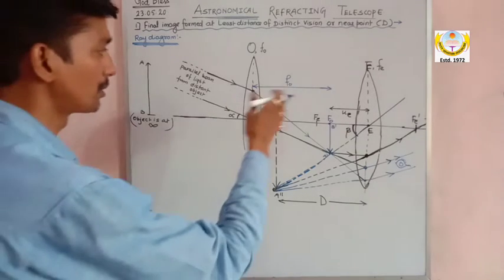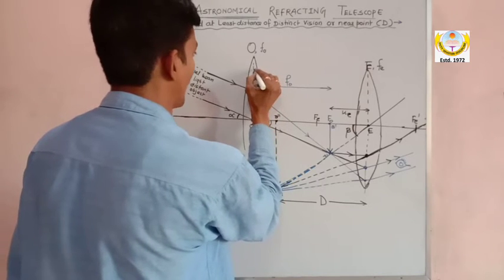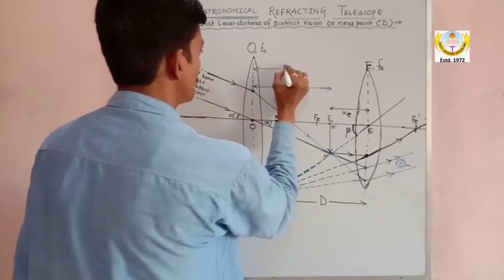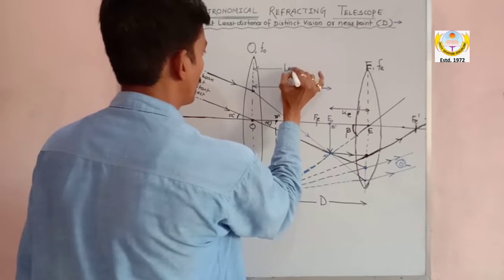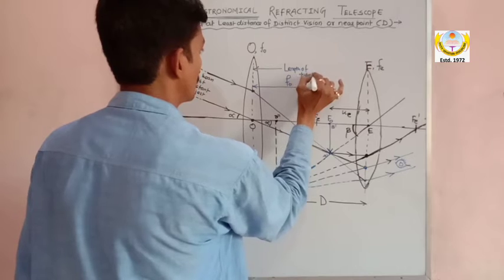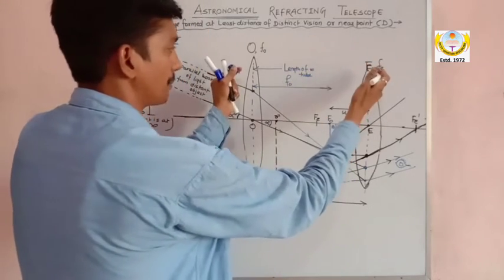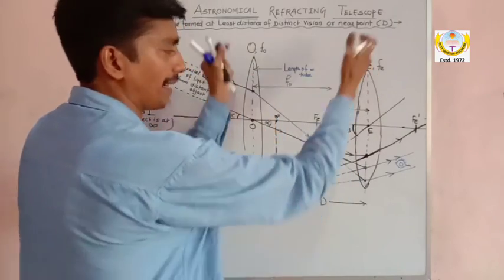And by the diagram also you can see, my dear, one small question to you all: what is the length of tube? The length of tube here is nothing but the distance between objective and eyepiece.